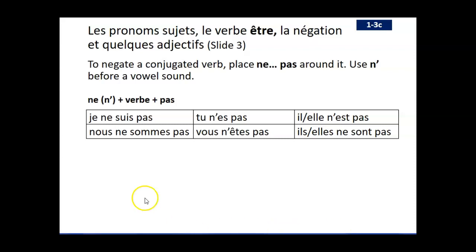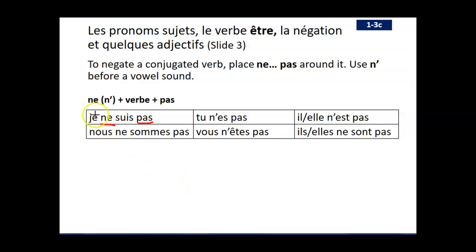Okay, so if I say je suis contente, I am happy, I can also say je ne suis pas contente, I am not happy. Okay, and we can see that with the verb être, je ne suis pas. Okay, so notice the ne and the pas. Je suis or je ne suis pas.